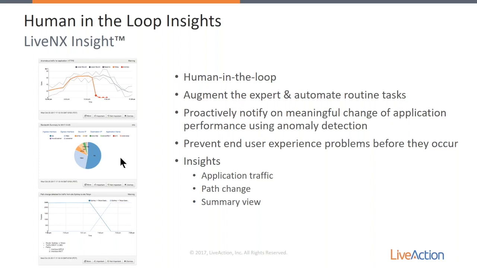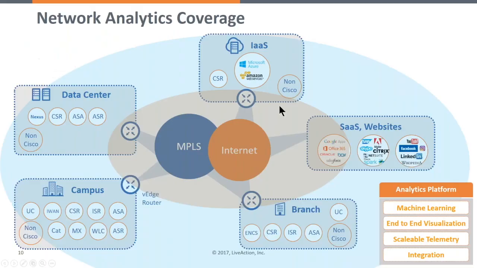So it's really this bigger plan for us to do the integrations to provide telemetry into the entire fabric. Okay, which leads right into the next question then. Is it today WAN, and then tomorrow the LAN and the data center and maybe hypervisors and so on, where at some point I'd be able to use LiveAction for analytics to cover my entire IT infrastructure? Yeah, so that's definitely our goal, and actually, looking at the map of the network, we do quite a bit in all the different areas today as well.